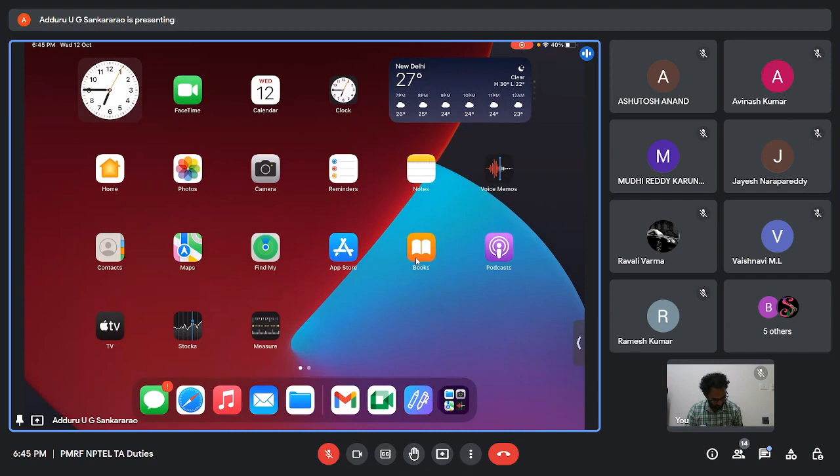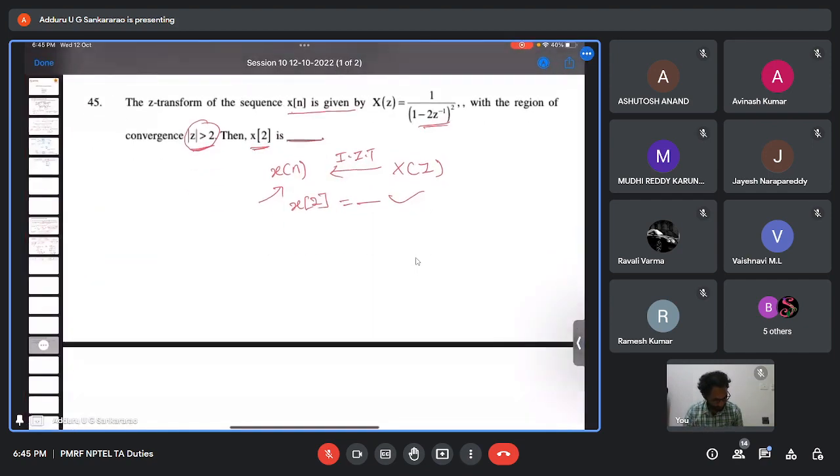So now in the question, they have given the region of convergence as mod z greater than 2. So our signal is definitely a right sided signal.